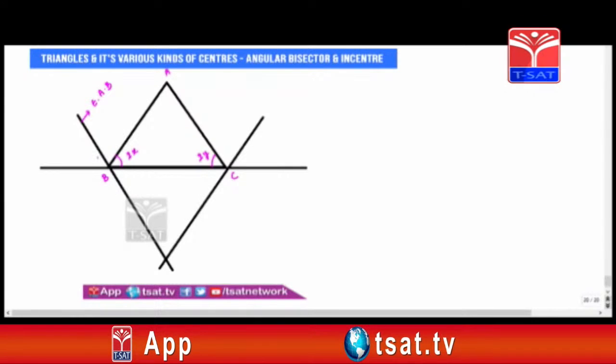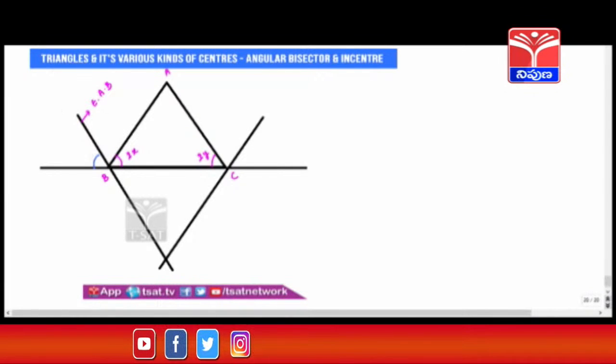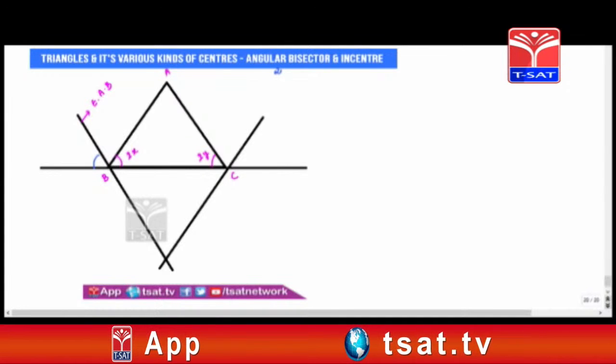If you divide this by 2, the remaining angle outside becomes 90 minus x. Therefore, this angle is 90 minus x.